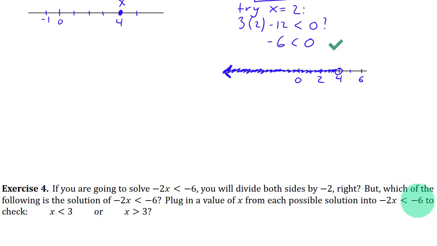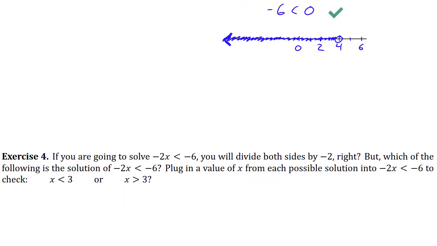But which of the following is the solution of -2x is less than -6? Is it x is less than 3 or x is greater than 3? Let's plug in a value from each possible solution into this to check, to see what happens. If you think the solution is x is less than 3, let's try a number like x equals 2.